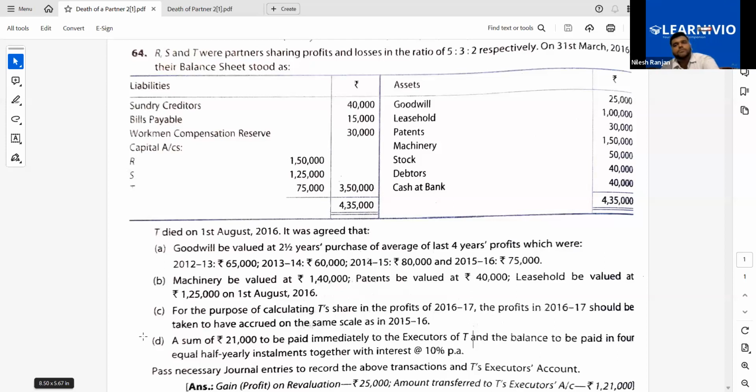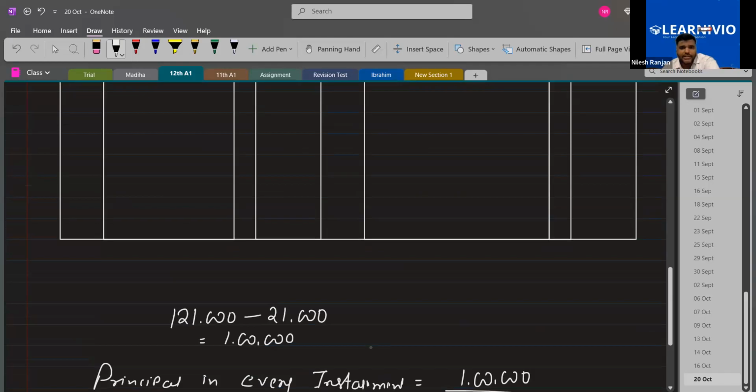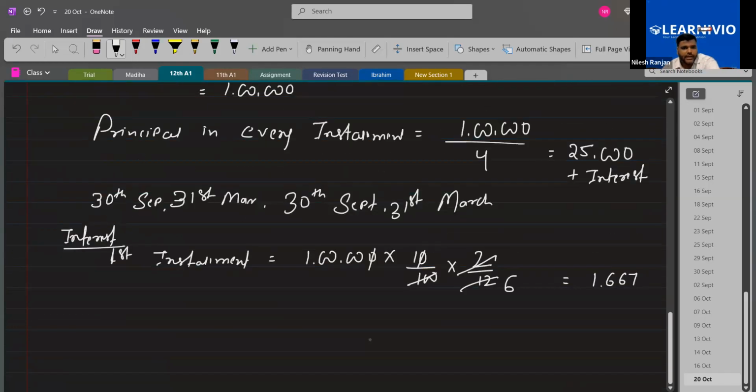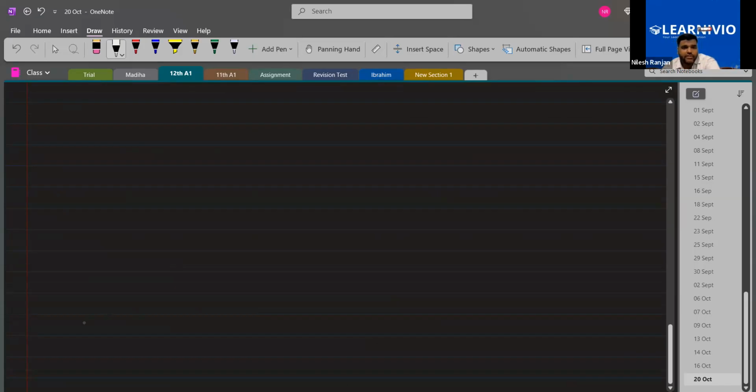Actually, there is one more clarification. If you analyze the question, there can be 2 solutions. I have taken an assumption: I have assumed that the first installment will be on 30th September, then 31st March, then 30th September, then again 31st March. But we can also change this because the question does not say anything clear. So we can assume that on the date he died, 1st August, T died, we can take 6 months from here.